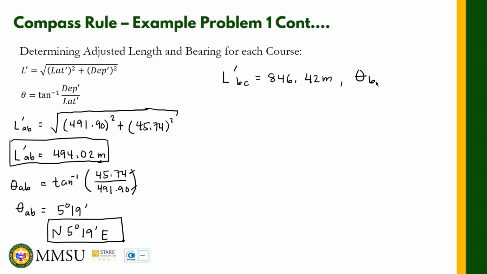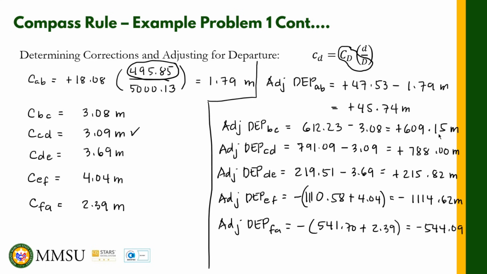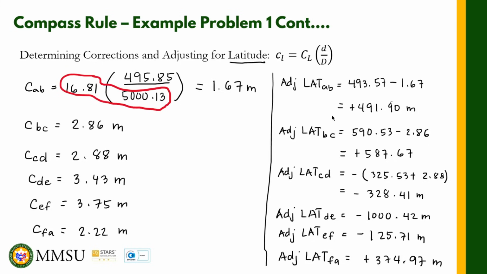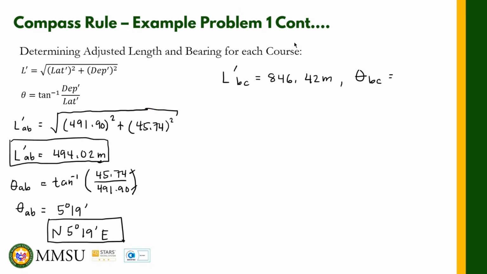yung theta BC natin should be equal to inverse tangent of departure over latitude. So, inverse tangent of 609.15 divided by 587.67. And we will come up with 46 degrees 02 minutes. Alright?